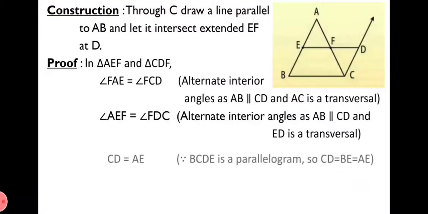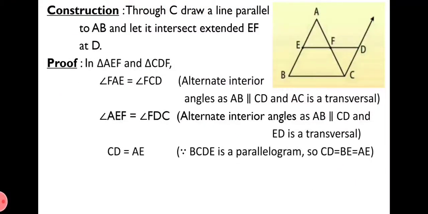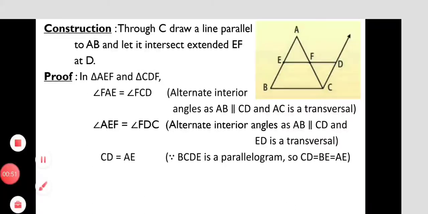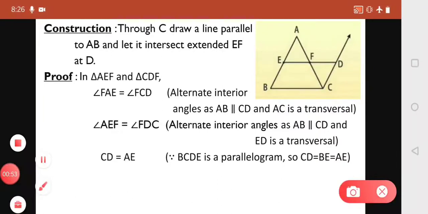And the next equality is CD equal to AE. Why? Because BCDE is a parallelogram, so CD equals BE equals AE. So the third equality is AE equal to CD. As BCDE is a parallelogram, and as we have proved in the previous theorem that these three are equal, we get AE equal to CD.